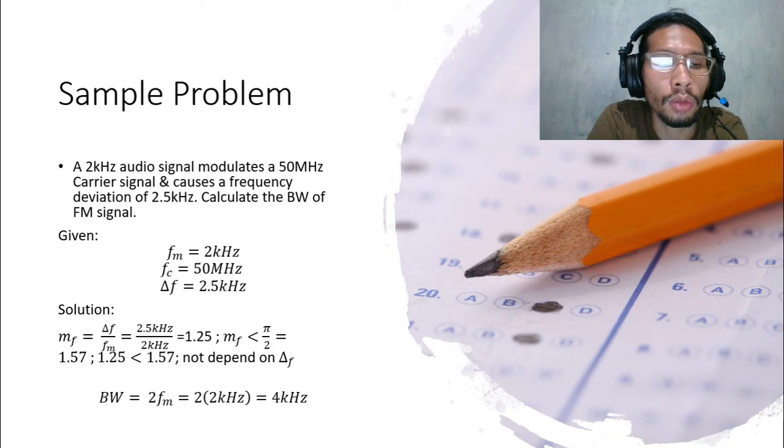Therefore, we need to use the original bandwidth equation, or the practical bandwidth, that is equal to 2 times the modulating frequency, and that is 2 times 2 kilohertz, and the result for the bandwidth is equal to 4 kilohertz.